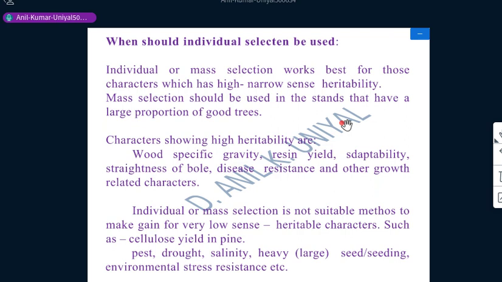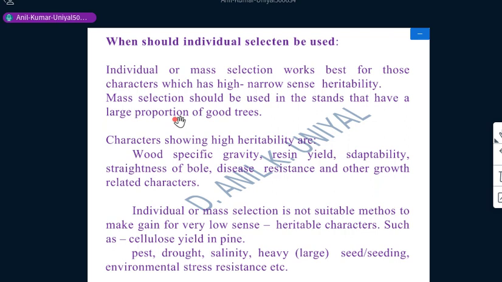Their parents may have large height or quite broad diameter, but in adverse conditions their performance could be affected. That's why they come under broad sense. Mass selection should be used in stands that have a large proportion of good trees.